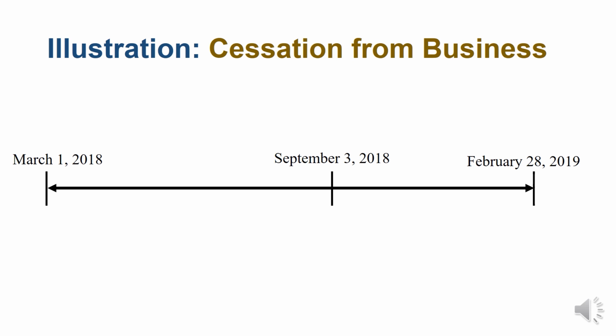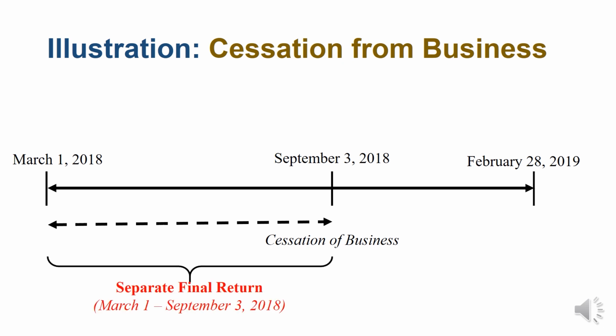So we will not wait for February 28 to come because there will be no more business at that time. So the taxpayer shall compute its income from March 1, 2018, the beginning of the fiscal year, to the time when the business ceased from doing business. So that's September 3, 2018. So a separate final return shall be computed beginning March 1 to September 3, 2018.